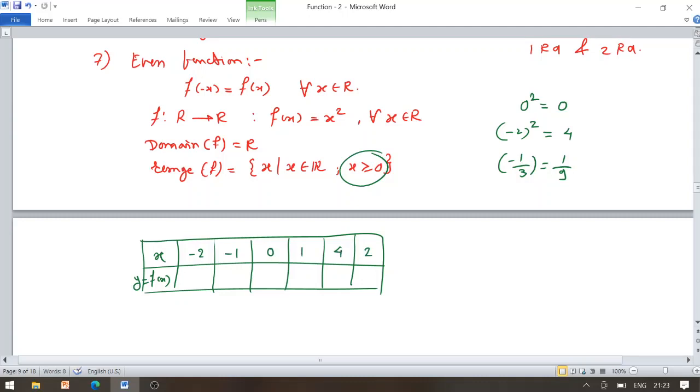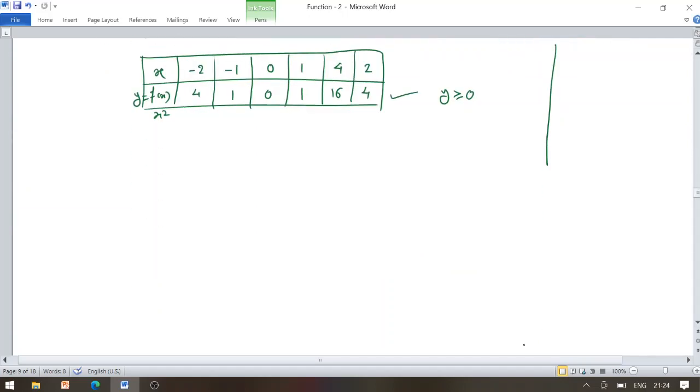So f of x is x squared: -2 squared is 4, -1 squared is 1, 0 squared is 0, 1 squared is 1, 4 squared is 16, 2 squared is 4. Look at all values of f of x for negative as well as 0. We have the values of y that should be greater than or equal to 0. So the range is always greater than or equal to 0 and it belongs to the real numbers.